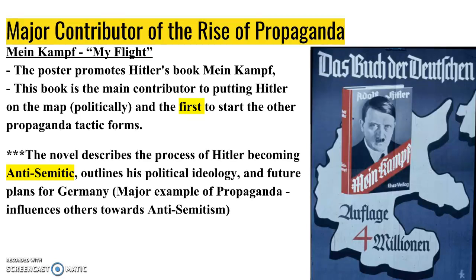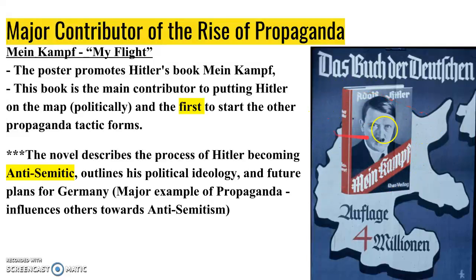A major contributor to the rise of Adolf Hitler and to the rise of propaganda is Mein Kampf, also known in English as My Struggle. It was the main contributor to putting Hitler on the map politically and the first to start the other propaganda tactic forms.